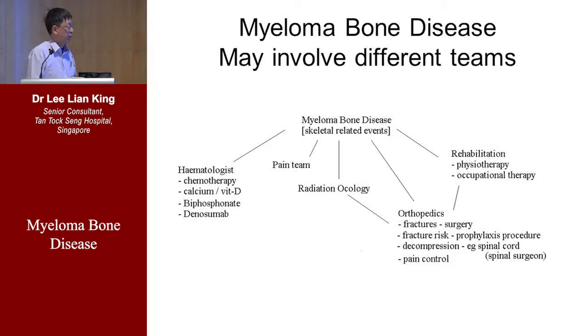And we have a lot of involvement by the orthopedic surgeon. They are orthopedic surgeons who have become specialized in dealing with bone cancer involving the bone. They won't deal with just fractures due to trauma and the like. They specialize in dealing with bone metastasis, the spread of cancer, and treating them.